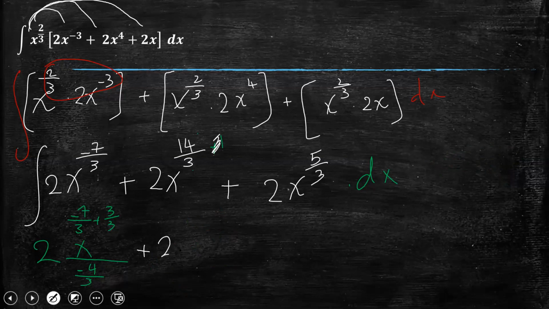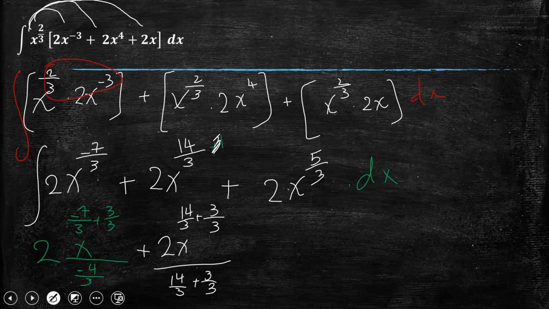And this 1, I rewrite it as 3 over 3. Why? Because I want to make them the same denominator.